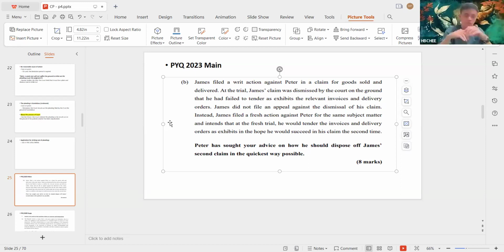Okay, so I guess JJ, your point is whether he has the second option. Yes, he has. He can tender this as the fresh evidence under Order 55, Rule 17. You can see the Rules of Court, because it depends on which court this is. If you are tendering this as fresh evidence, in the case of Ladd v Marshall, the principles governing the evidence during the appeal are that it must not be available during the trial, it is credible and relevant, and there is a chance of reversing the judgment.